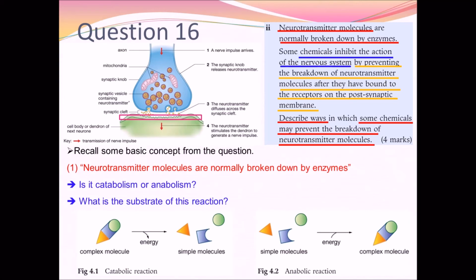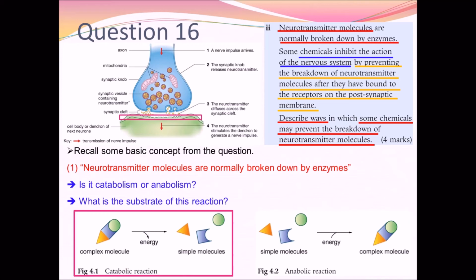For the first idea, you need to think about this: neurotransmitter molecules are normally broken down by enzyme. So is it catabolism or anabolism? Refer to these two diagrams, figure 4.1 or figure 4.2. Easily, it must be the catabolic reaction, the breaking down reaction, right? So in this reaction, what is the substrate?